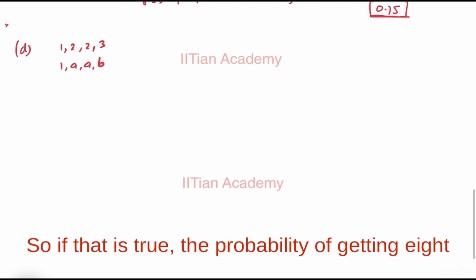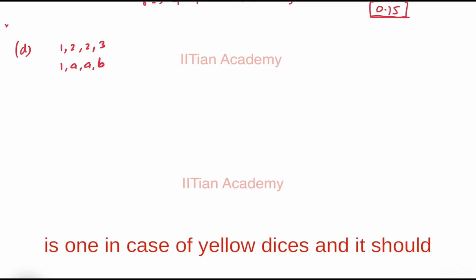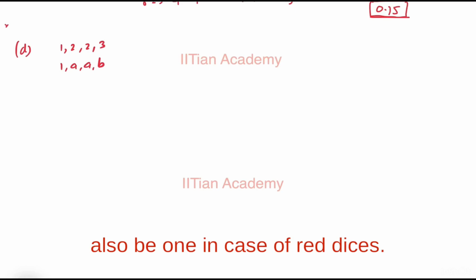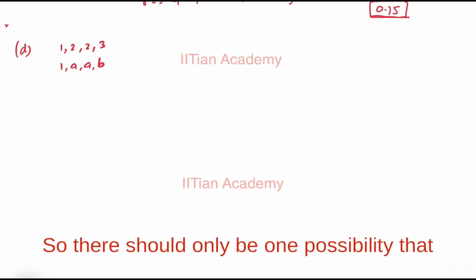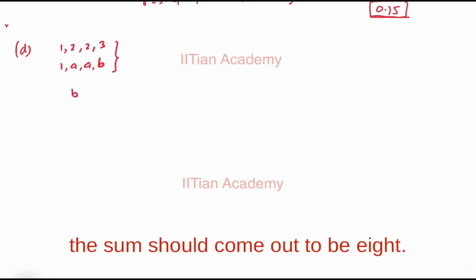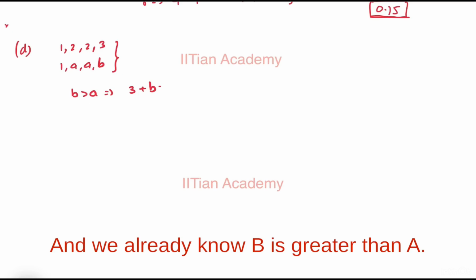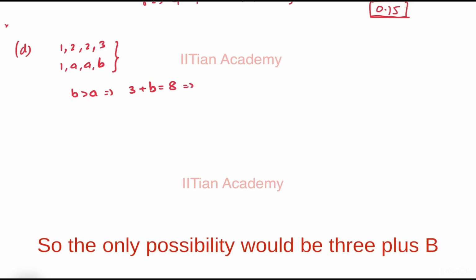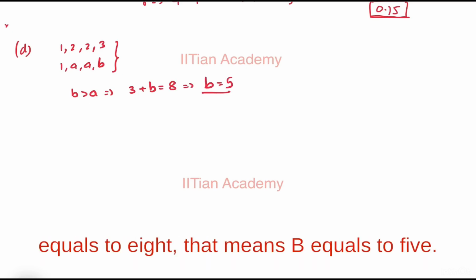So if that is true, the probability of getting 8 is 1 in case of yellow dice, and it should also be 1 in case of red dice. So there should only be one possibility that the sum comes out to be 8, and we already know b is greater than a, so the only possibility would be 3 plus b equals 8. That means b equals 5.